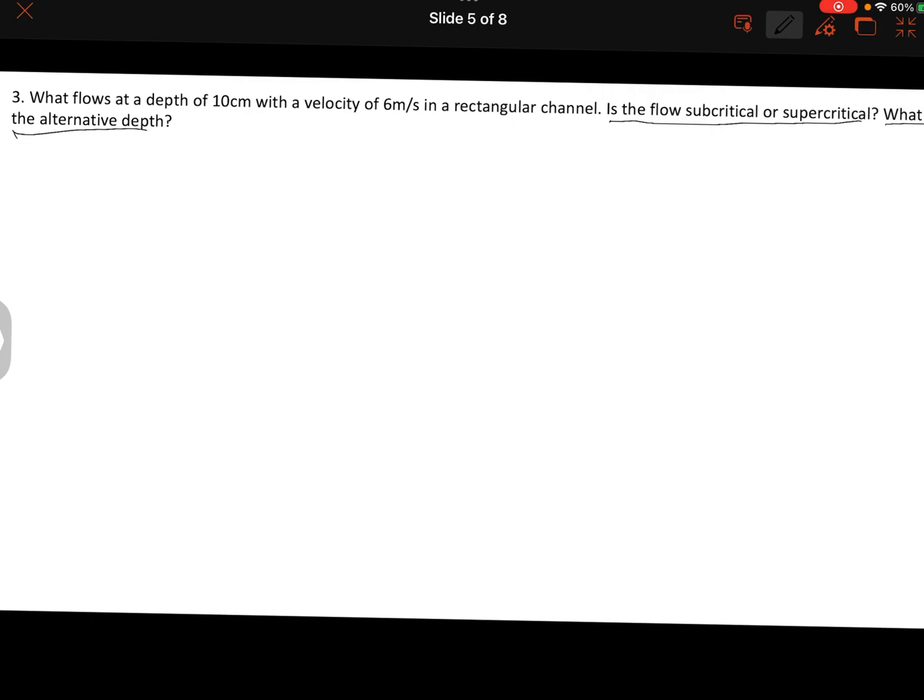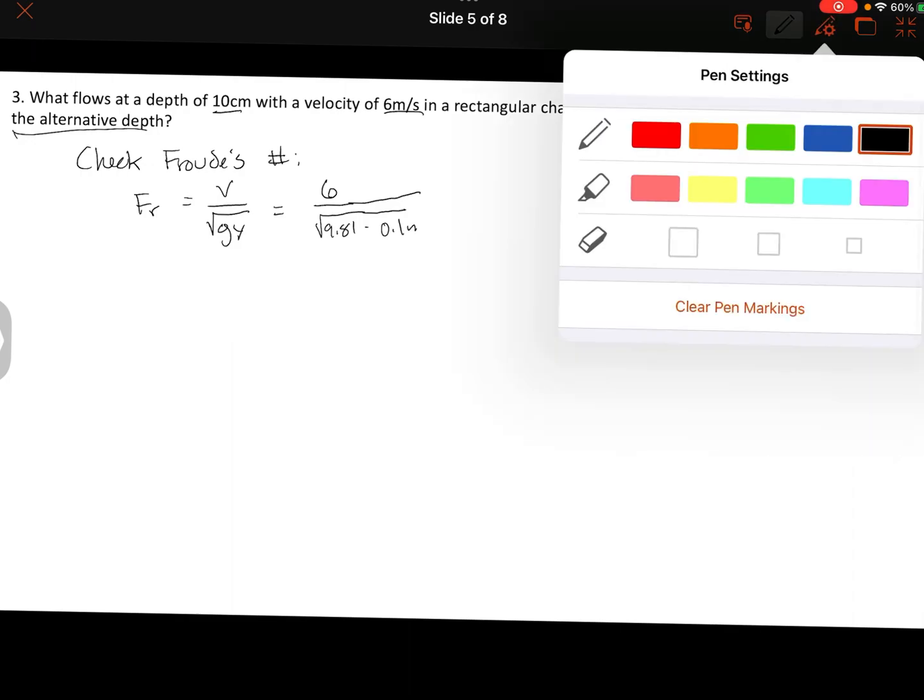So for the first part of the question, we just need to check our Froude number. And here, since we're given a y and a v, we can write our Froude number in terms of y and v. So that would be 6 meters per second divided by the square root of 9.81 meters per second squared times 0.1 meters. We'll try to be consistent with either using or not using units here.